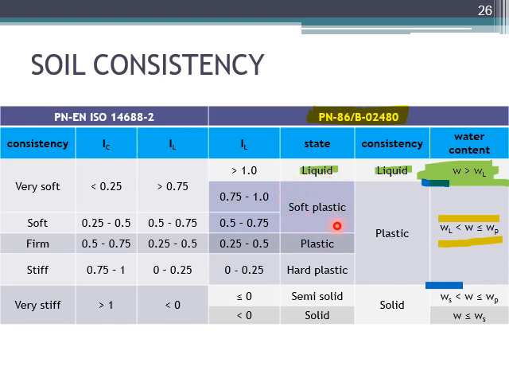So if the water content of the soil corresponds to the value of the liquidity index between 0 and 0.25, the soil is in plastic consistency and hard plastic state. If the IL is between 0.25 and 0.5, the soil is in the plastic consistency and plastic state.